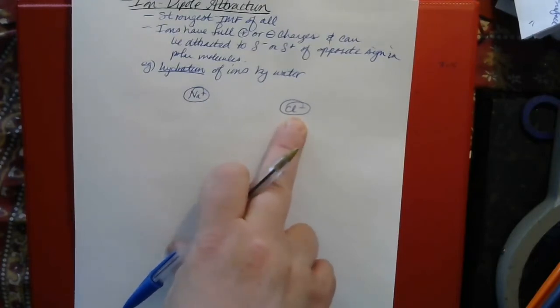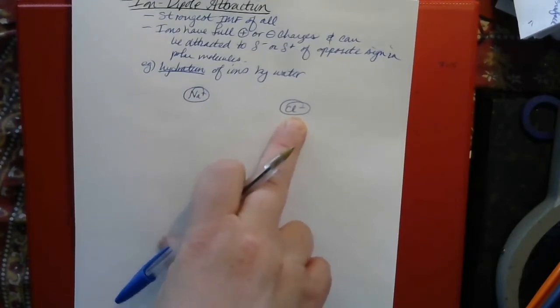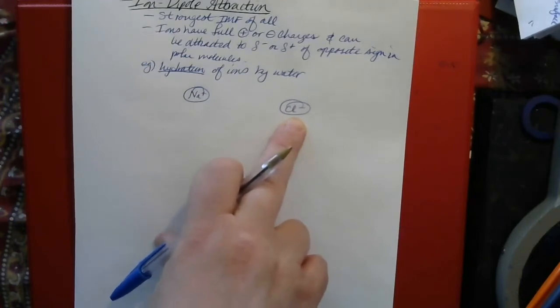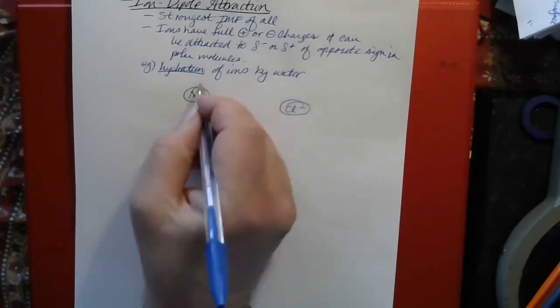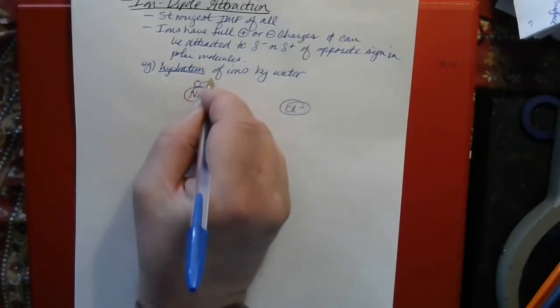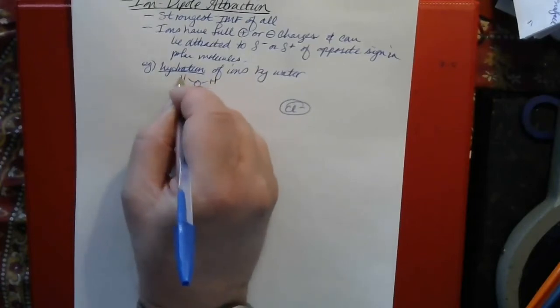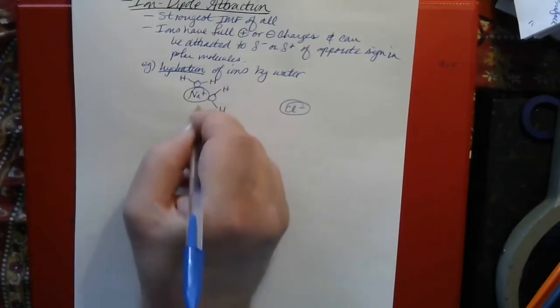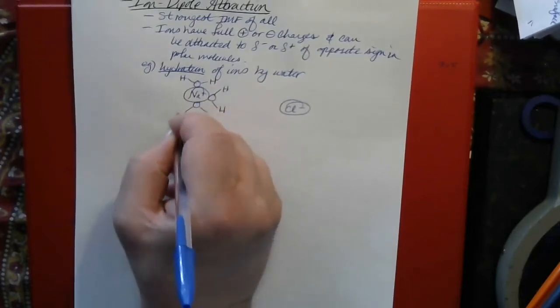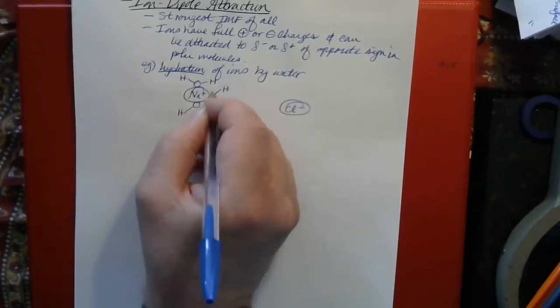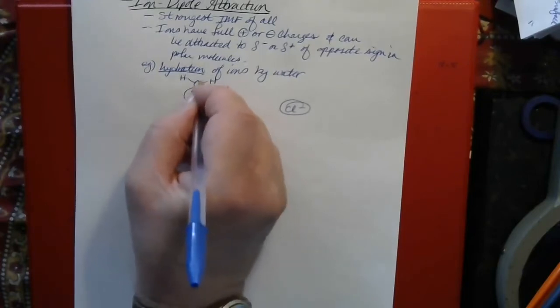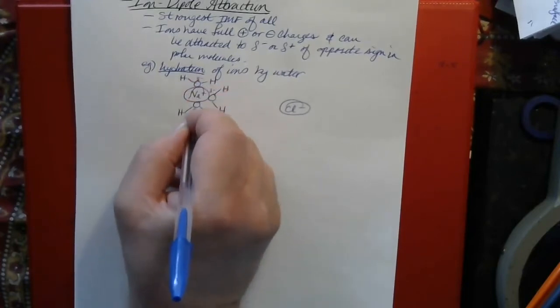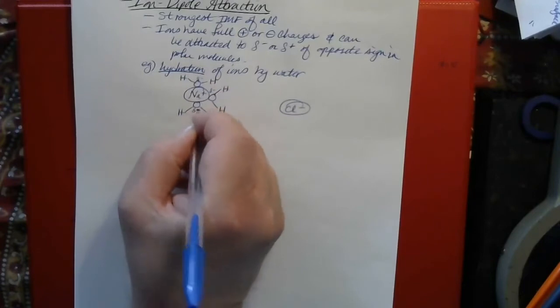And part of the way that you can compensate for overcoming those attractions is by establishing new attractions between the H2Os and the ions. If the ion is positively charged, like sodium is, then the H2Os will gather around the sodium ions with the partial negative charged side of the water molecule facing the positive ion.